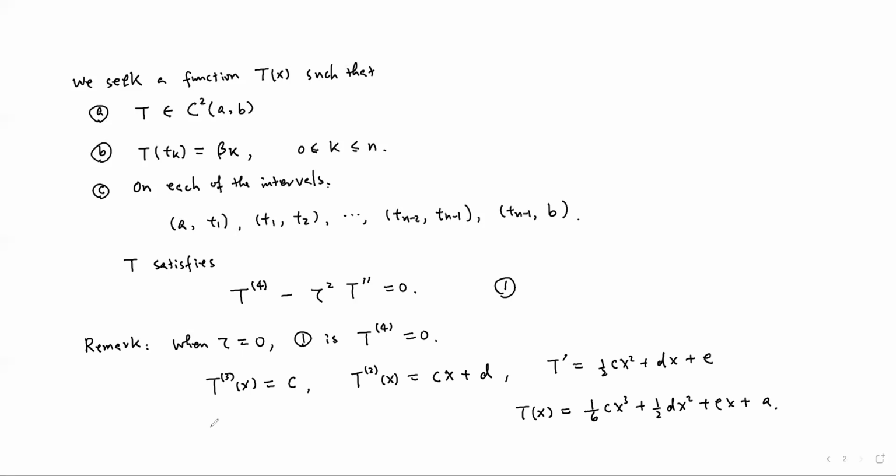A second extreme case is when tau is infinity. Say tau is a very large number, then I divide the equation by tau squared.